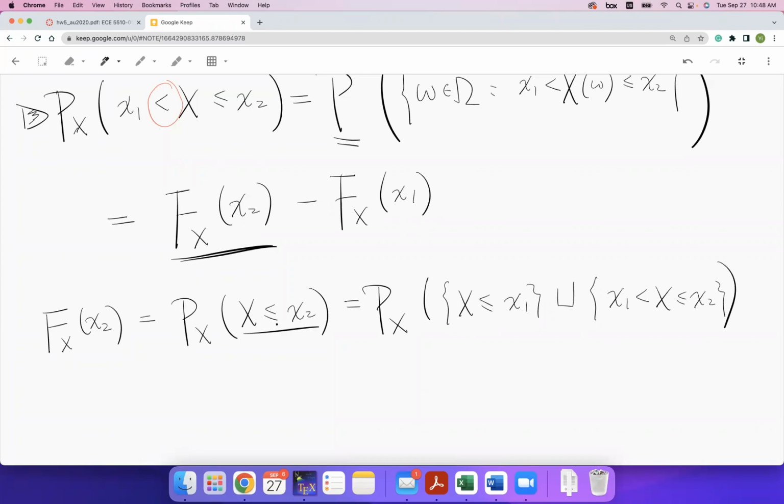Right, so less than or equal to x2 means less than or equal to x1 union with strictly bigger than x1, less than or equal to x2. So this is a decomposition. Because they are disjoint, we can decompose it into the following two probabilities.